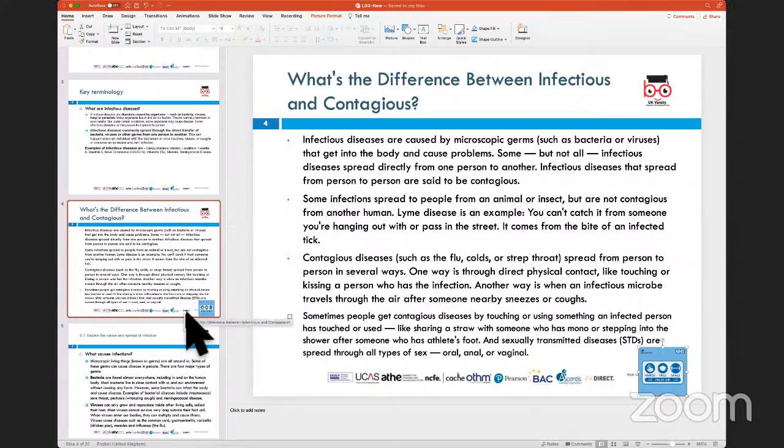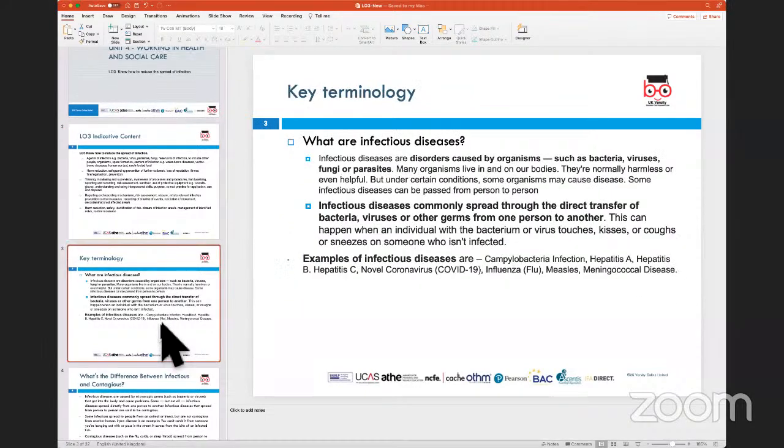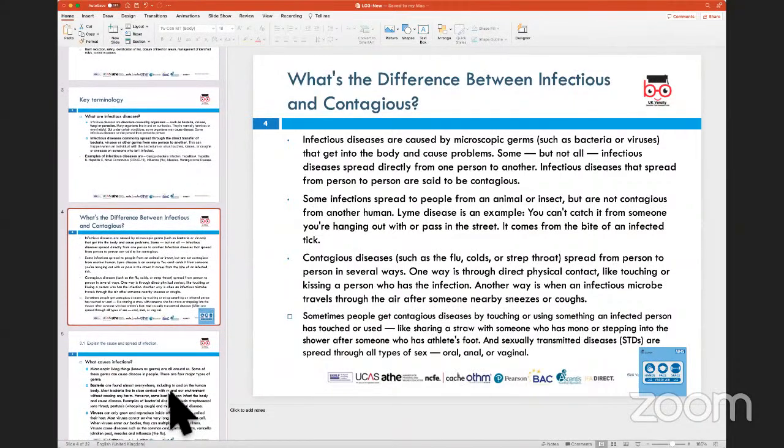Now, with this understanding in mind of the broader sense of what is infection, what are infectious diseases, what is a contagious disease, and some examples of how these are caused by microorganisms like bacteria, fungi, parasites, and viruses, we would now get into discussing some of the assessment criteria, and then dwell into a bit more detail on what infection is, how it spreads, and how we prevent the spread of infectious diseases.